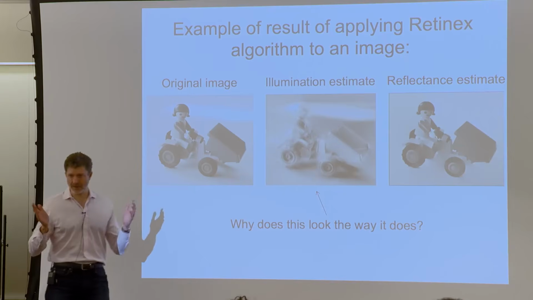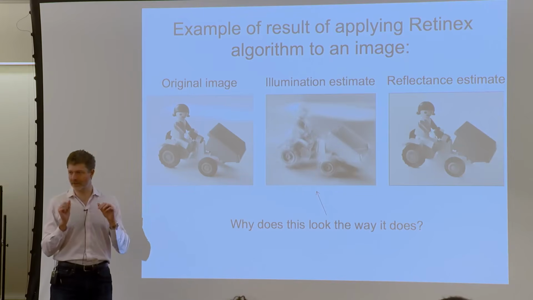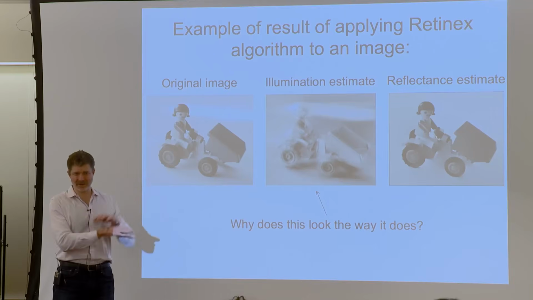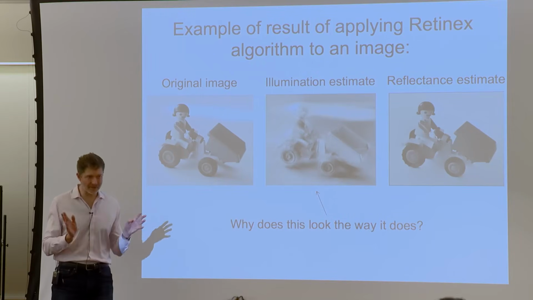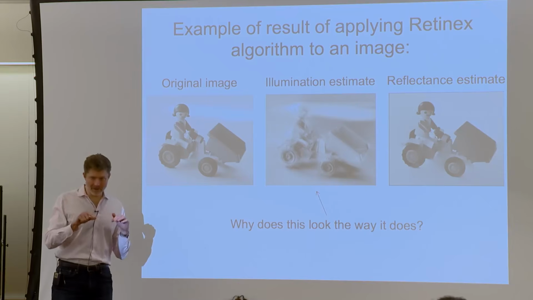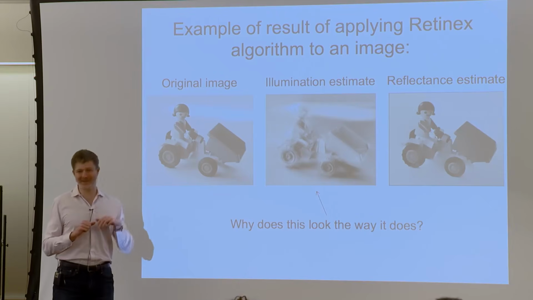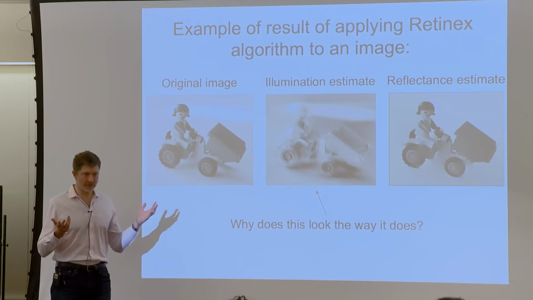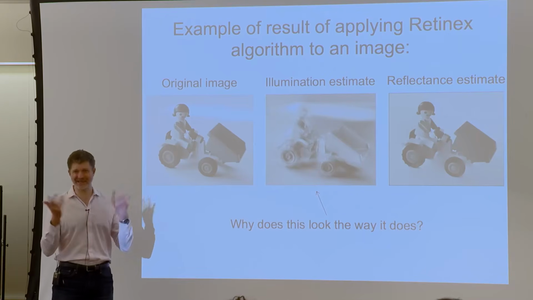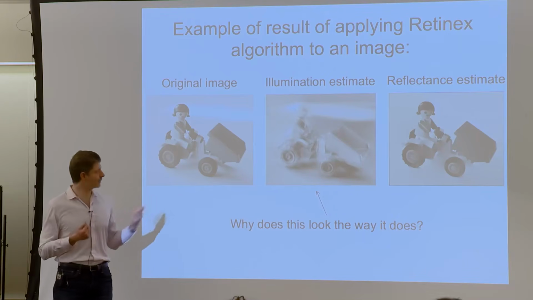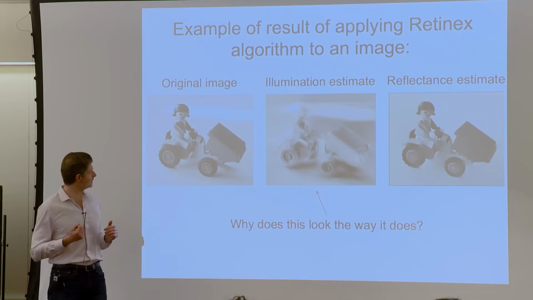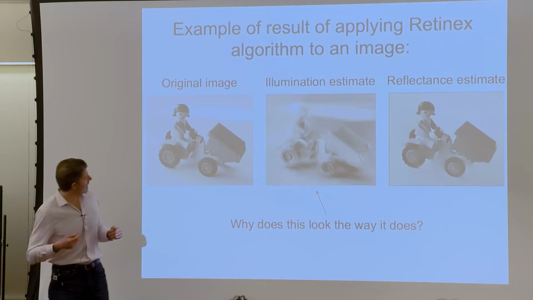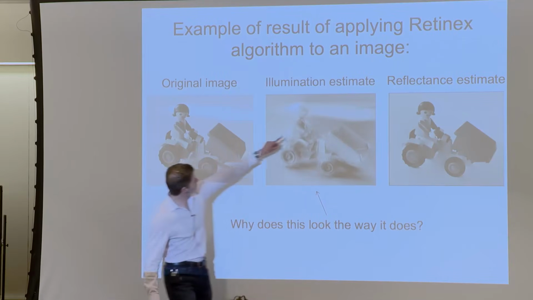And because the world model that is implicit in Retinex really only knows about illumination and reflectance, it doesn't know anything about three-dimensional shape. It assumes that every luminance change that happens in the image is either due to illumination or reflectance. And that's not true of the world. There's luminance variation due to lots of other causal factors, three-dimensional shape being a big one of them.